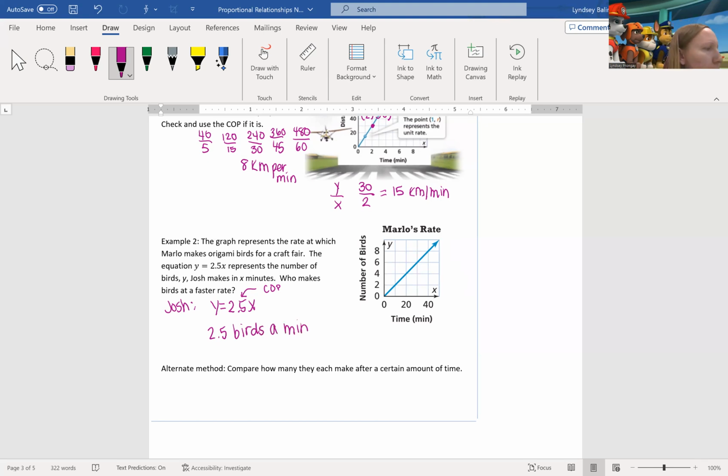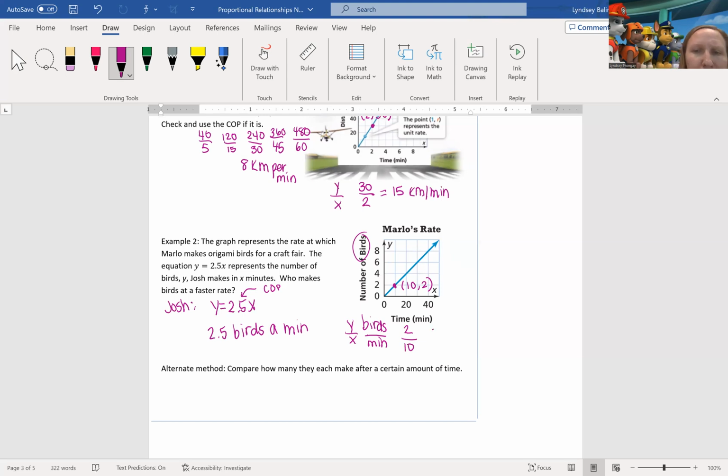If we go look at Marlo's graph, we have a lot of good points. Let's choose this one right here. His point would be 10 comma 2. If we take y over x, where y is birds and x is minutes, we're figuring out birds per minute, and that would be 2 over 10.